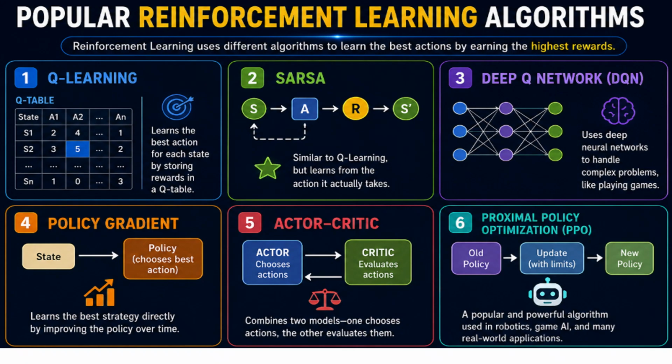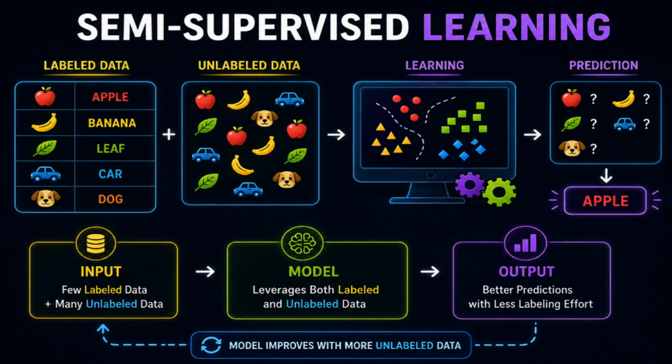Semi-supervised learning combines the strengths of both supervised and unsupervised learning. It starts with a small amount of labeled data and a large amount of unlabeled data. The model learns from both datasets at the same time. The labeled data provides the correct examples, while the unlabeled data helps the model discover additional patterns.